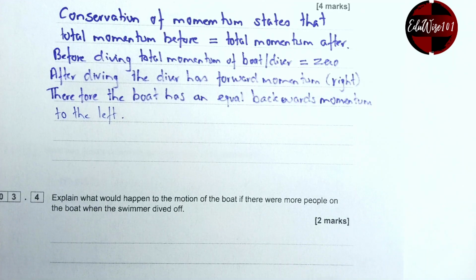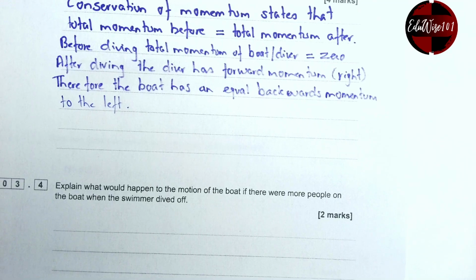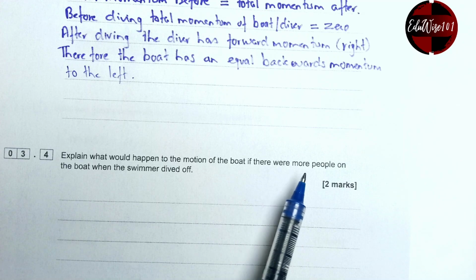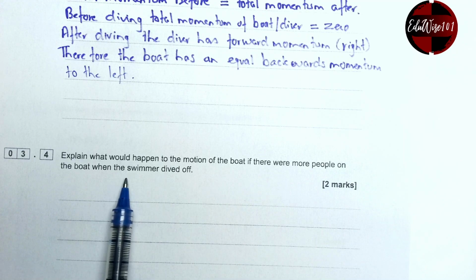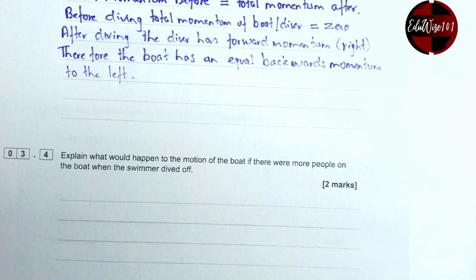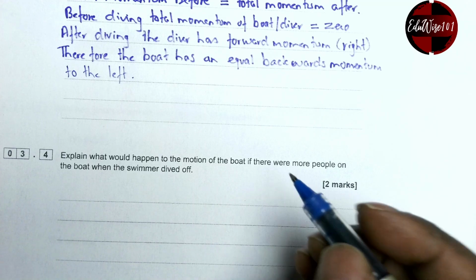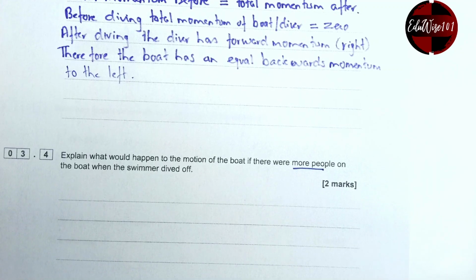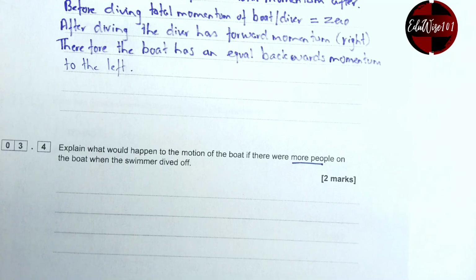Question 3.4. Explain what would happen to the motion of the boat if there were more people on the boat when the diver dived off. Now, if there were more people, then the mass of the boat would have increased.